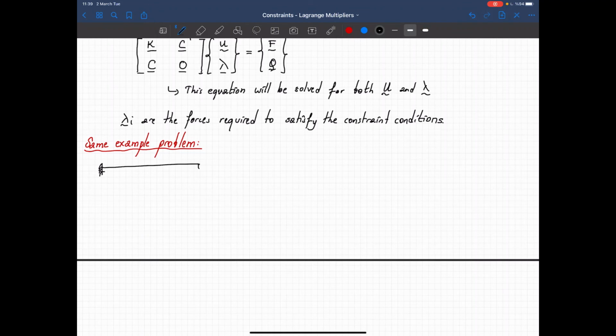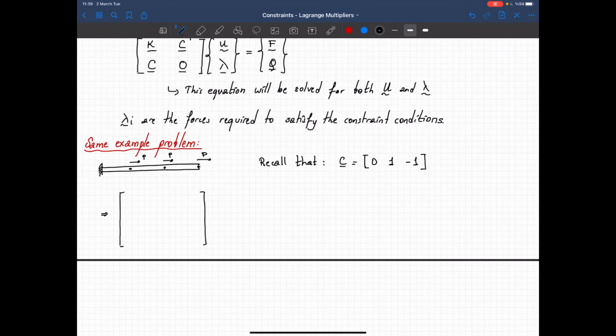So I have a cantilever divided into 3 members, and P is applied to every node. Okay? And our constraint equation for this problem is 0, 1, and -1.